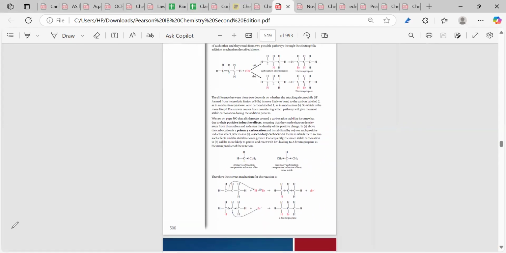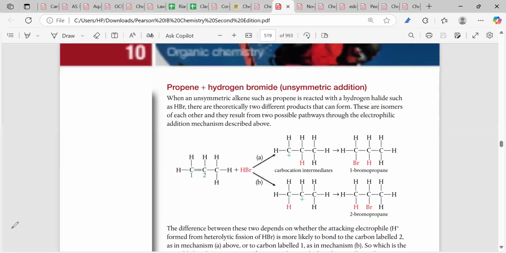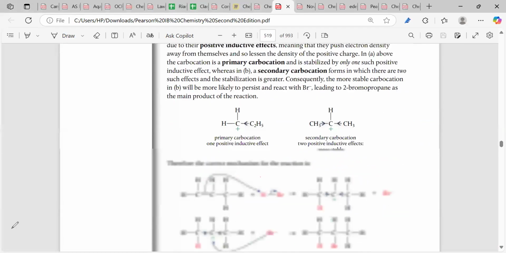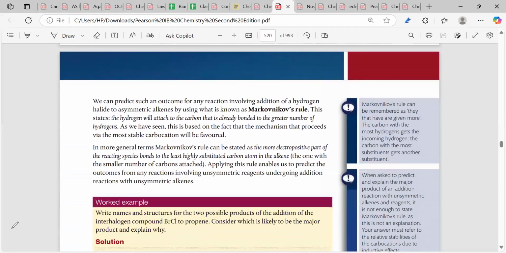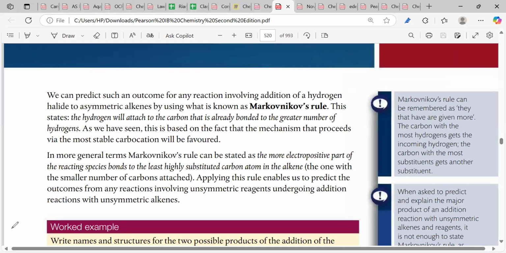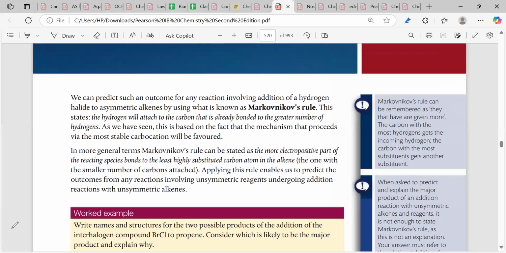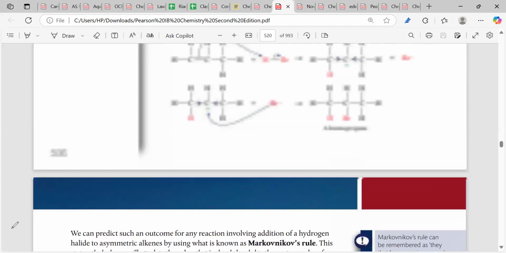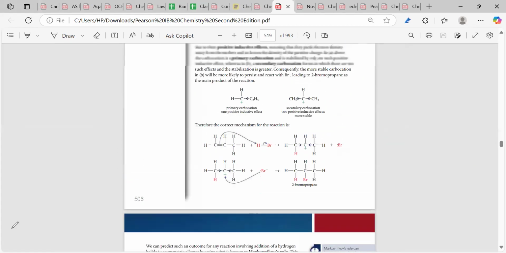Now, Ashvi, send me a message, please. Explanation of Markovnikov rule to be done as an exam, to be self-studied. I'll be going through it. Explanation of MR, Markovnikov rule, page number 506.